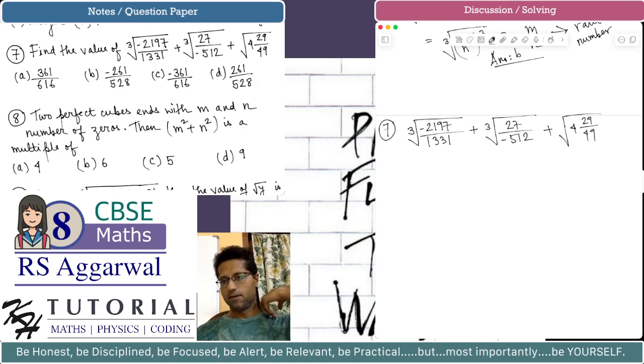Now in all these numbers, I know 27 is a perfect cube, 512 is a perfect cube, 1331 is a perfect cube, but I am not sure about 2197. It must also be a perfect cube.